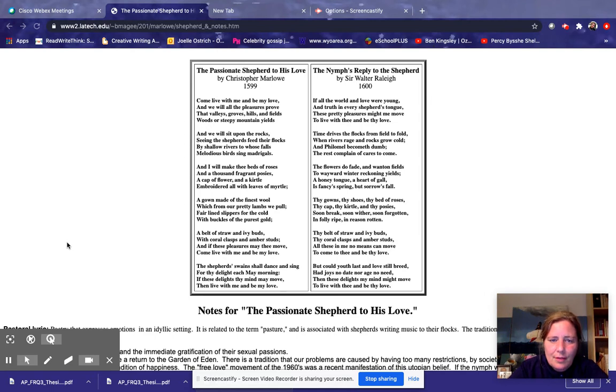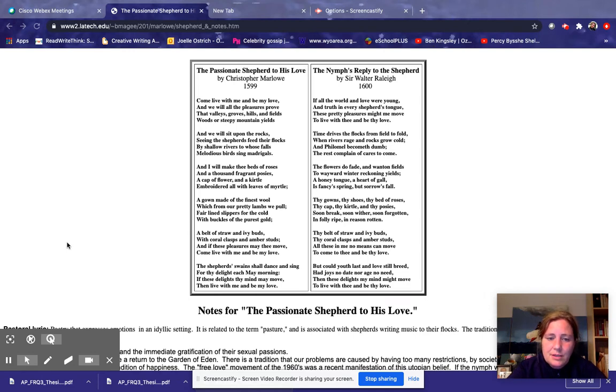So that's the poem. Pretty simple, moving on. We don't know what her response ever is because the shepherd never really gives her a chance to say anything. Okay. So very typical poem written at the time, male voice trying to woo a woman.